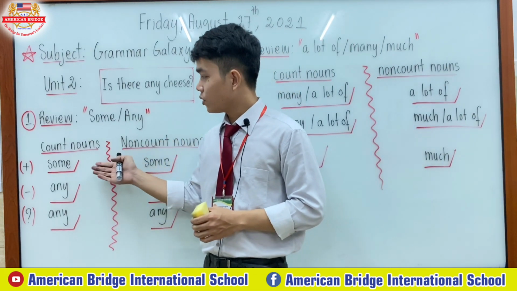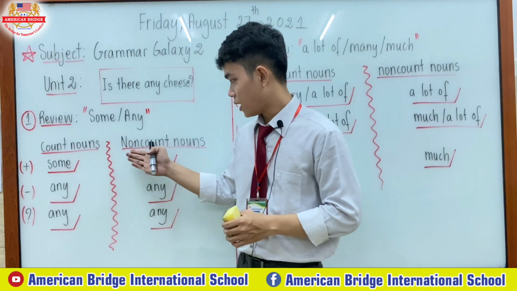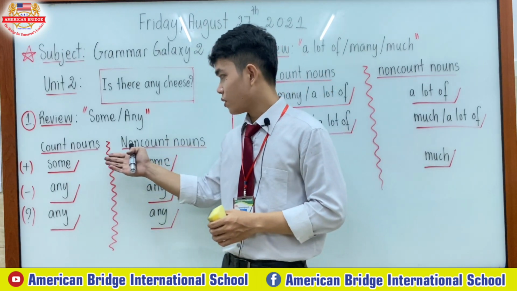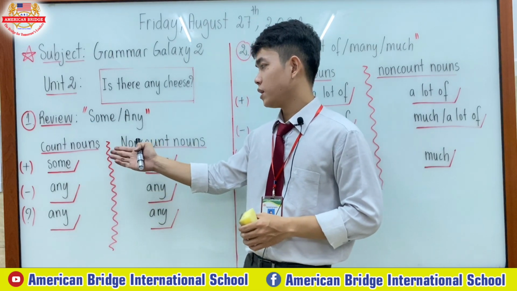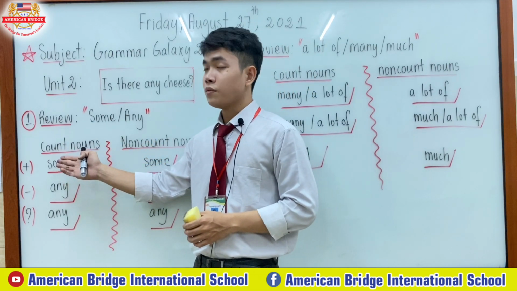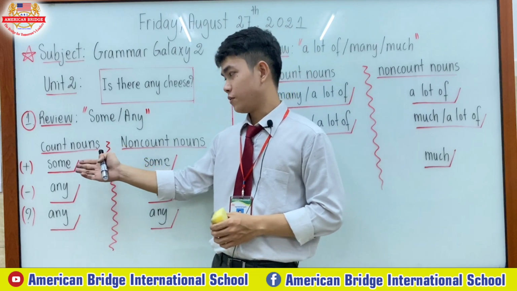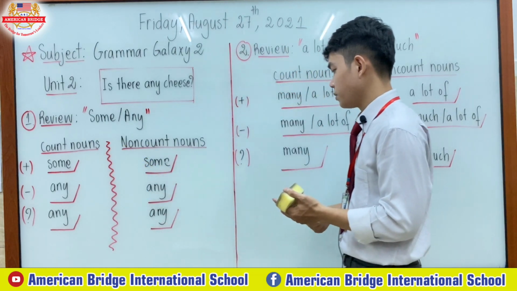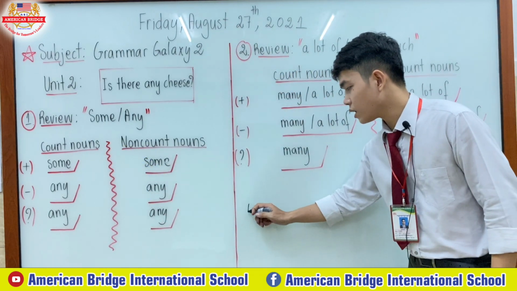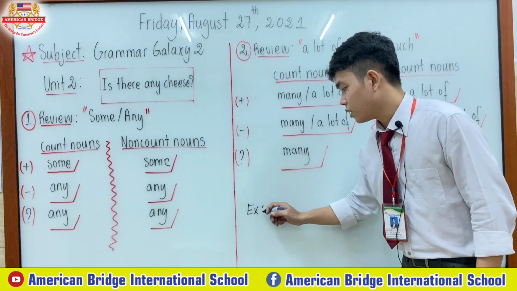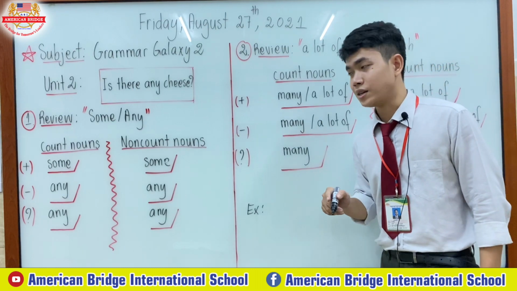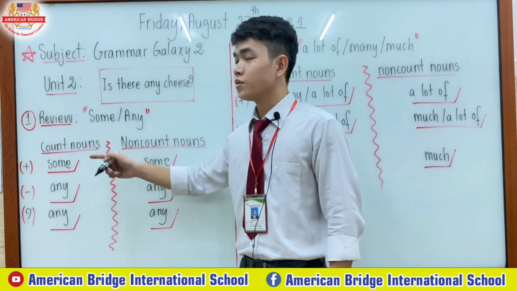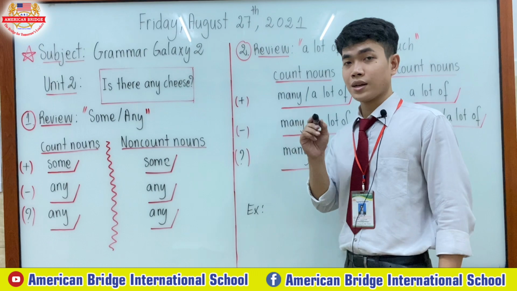So here I show you the count nouns and non-count nouns. In count nouns, it has some, in positive form. So in positive form, for using with plural count nouns, you can use some, right? Now let's find the count noun together. For count nouns, the noun that you can count, such as the marker, right?